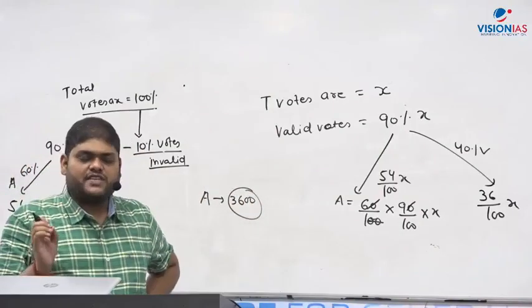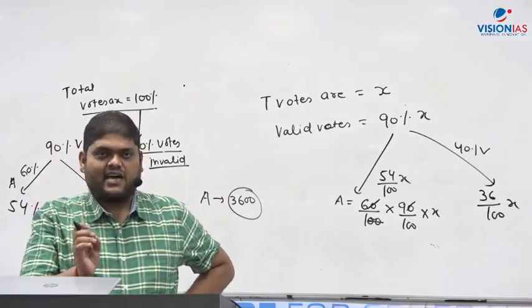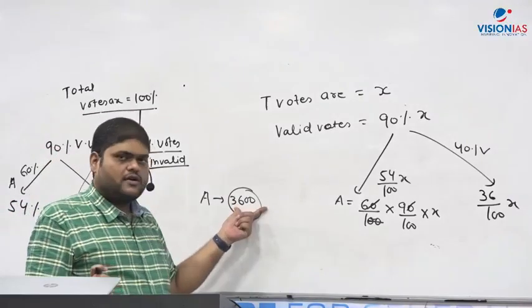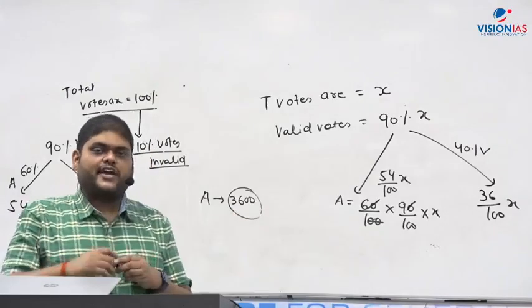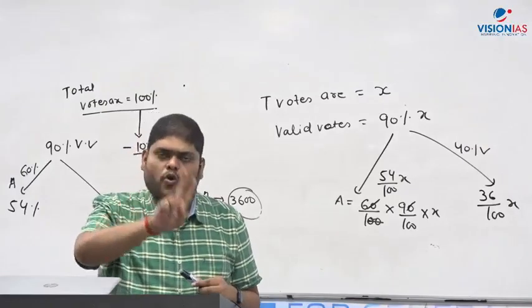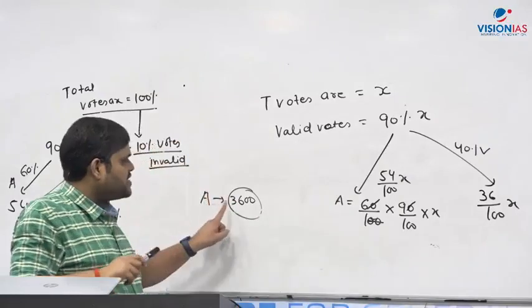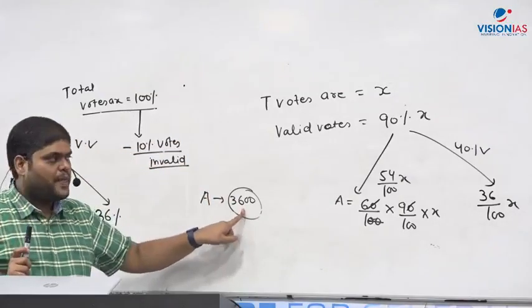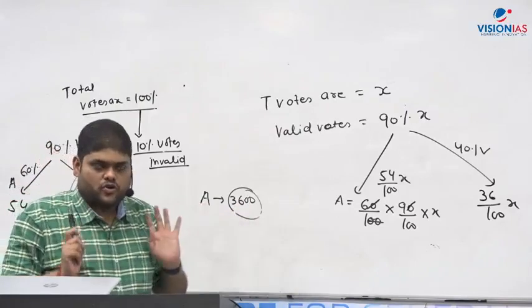It means A is getting this much more vote. Suppose if anybody says I won by 2 votes, that means that person got 2 more votes than the other person. So if A is winning by 3600 votes, that means A is getting 3600 extra votes.